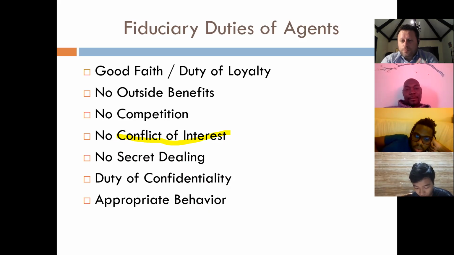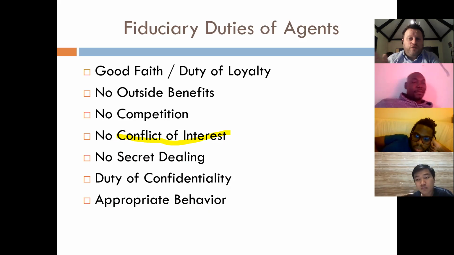Peter's goal is to get as much money as possible. But if he's also selling it to his father, now he has another interest, because really his father's not just another customer. You have a loyalty to your father. So of course he wants to give his father a good price. So there's kind of a conflict of interest there.